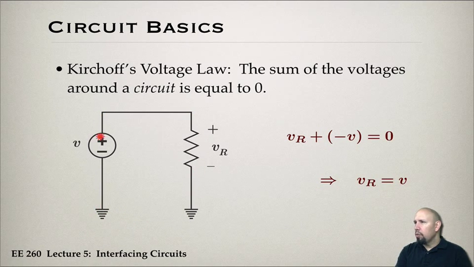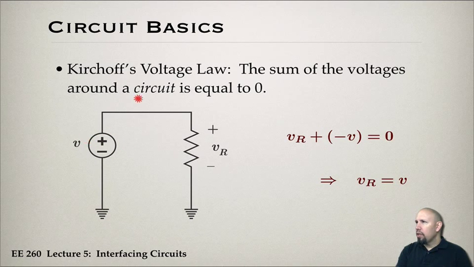So when we draw a diagram like this, we assume that the connecting wires have 0 resistance. And then of course we have this resistor here, and we're assuming that this ground also has 0 resistance, and then we have a voltage source.